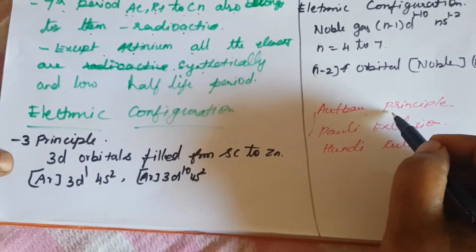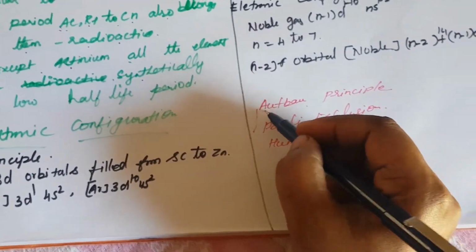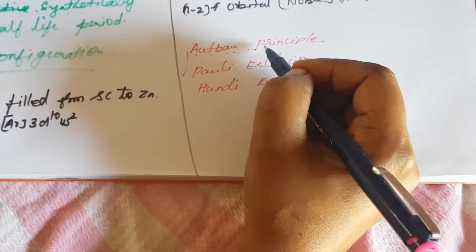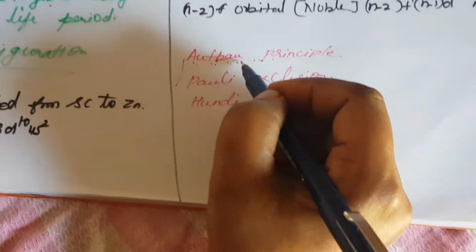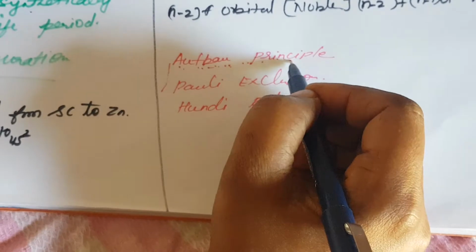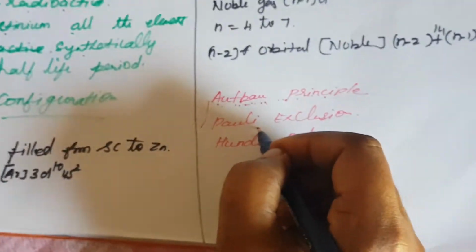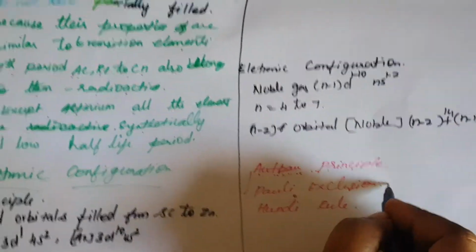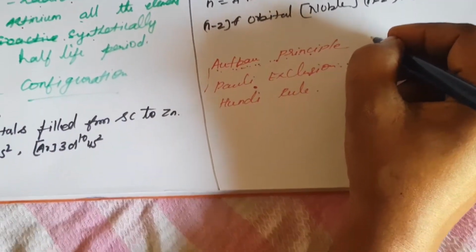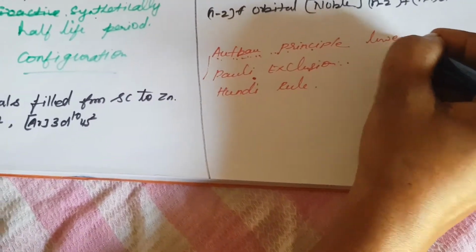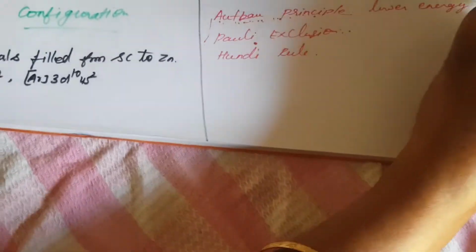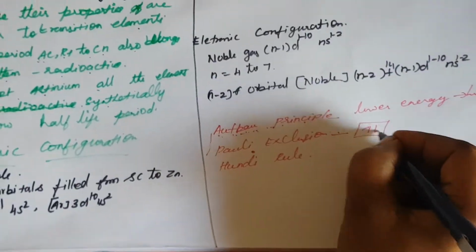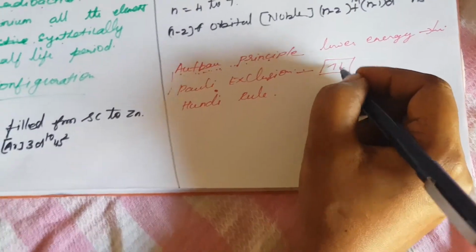What is the Aufbau principle? The electrons are filled from the lower energy level to the higher energy level, as we studied in the 11th standard. What is the Pauli exclusion principle? Each orbital contains a maximum of two electrons with opposite spin.